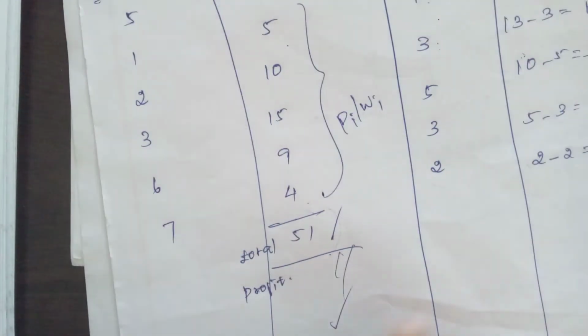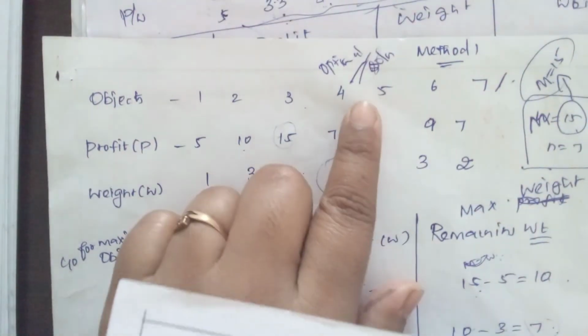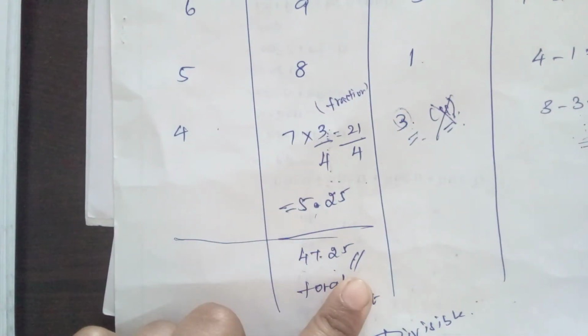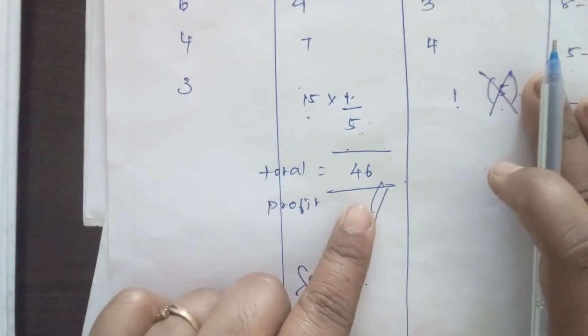Okay, see, now compare the previous methods. From method 1, maximum weight: based on maximum weight we got the value 47.25. From method 2, based on minimum weight we got the value 46.